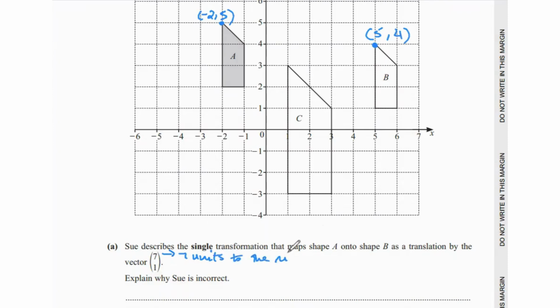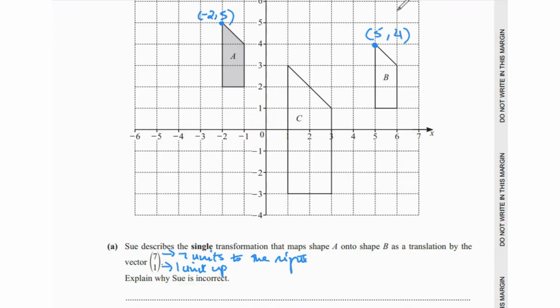That's the horizontal translation. And 1 unit up, which is the vertical translation. The top value shows us how the translation is being done horizontally. If it's negative, it moves to the left. If it's positive, it moves to the right. Similarly, the bottom value, which is the y value, if it's positive, you're moving the shape up. If it's negative, you're moving the shape down.